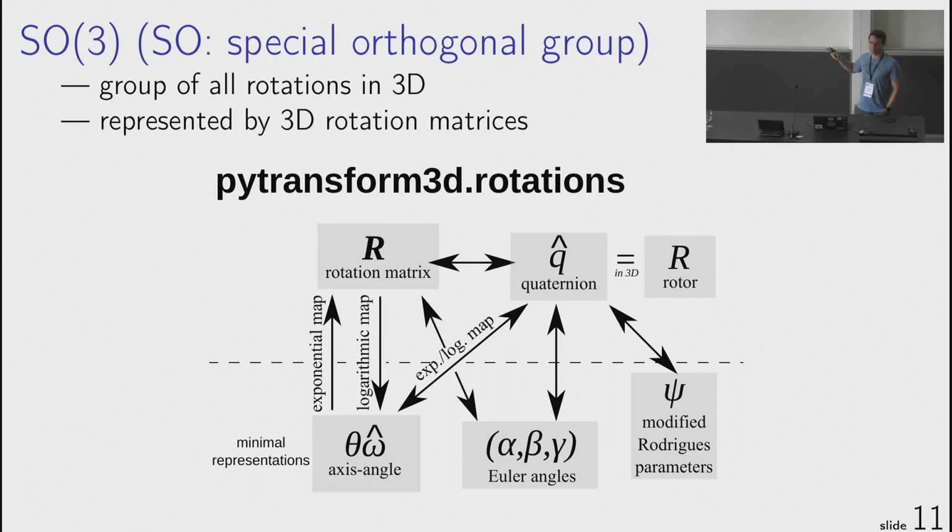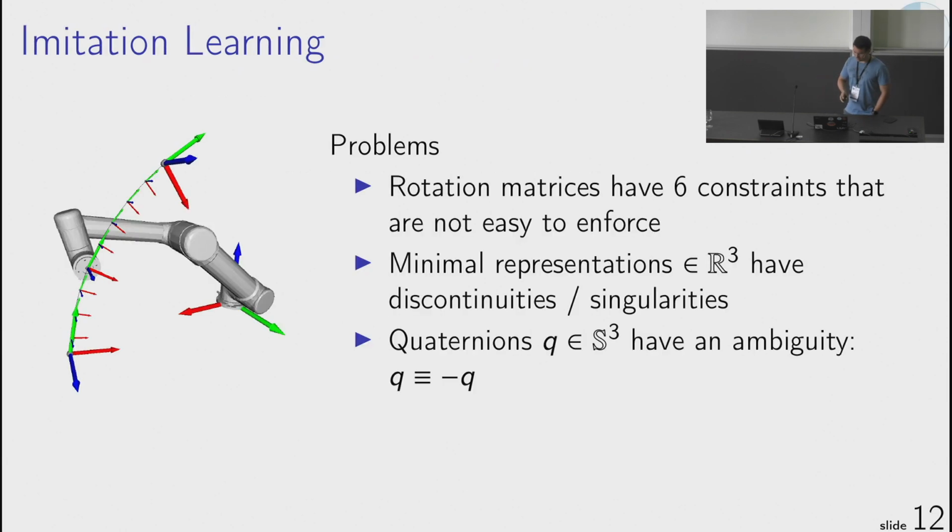There are many different representations for orientations or rotations. The most commonly used one is the so-called rotation matrix, which is a 3x3 matrix with 6 constraints. You also have things like quaternions, which are 4D vectors, or minimal representations that only have 3 real numbers. But all of them have drawbacks and pros.